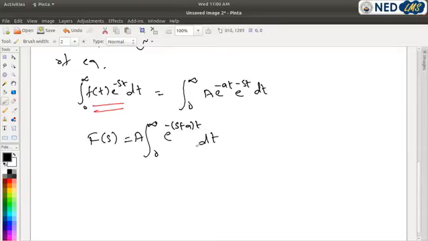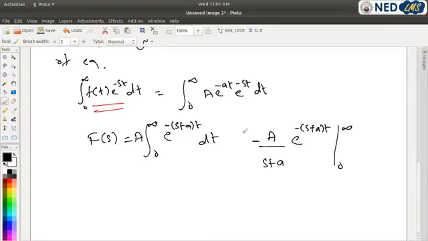Taking the integral of this function, it will become a over s plus a with a minus sign, e to the minus s plus a t, within the limits of the integral.